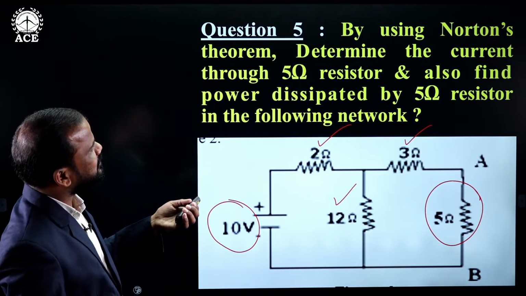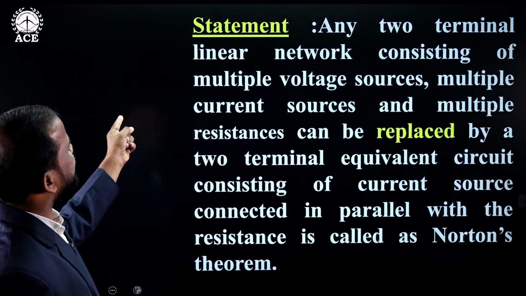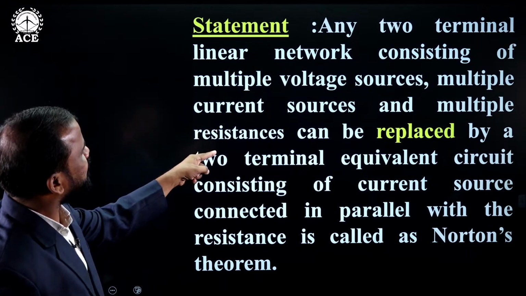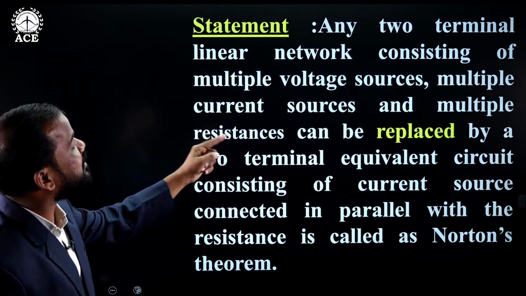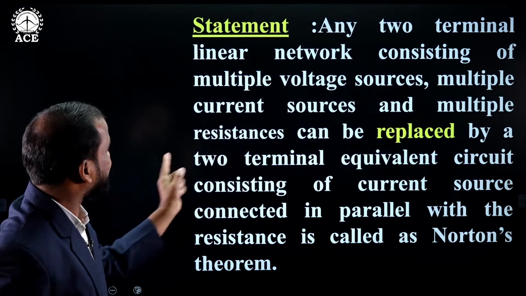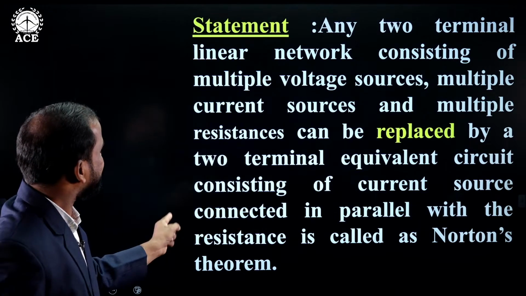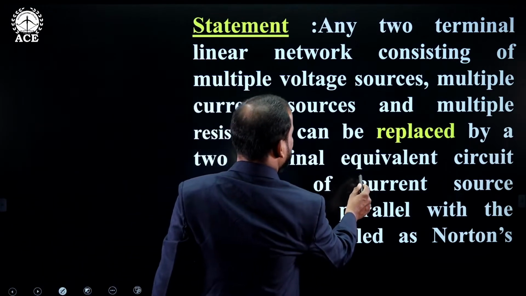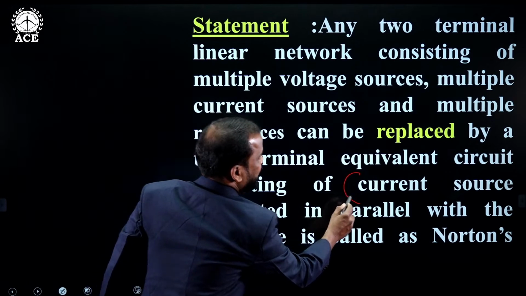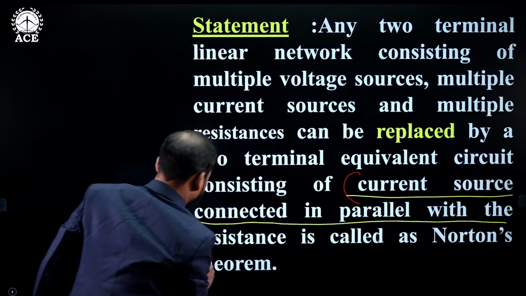Now before I enter into the analysis, first I will give you the statement. See here. Any two-terminal linear network consisting of multiple voltage sources, multiple current sources and multiple resistances can be replaced by a two-terminal equivalent circuit consisting of a current source connected in parallel with the resistance.